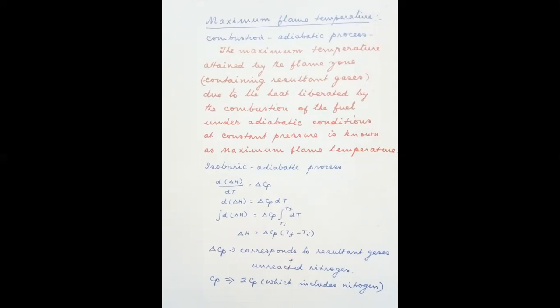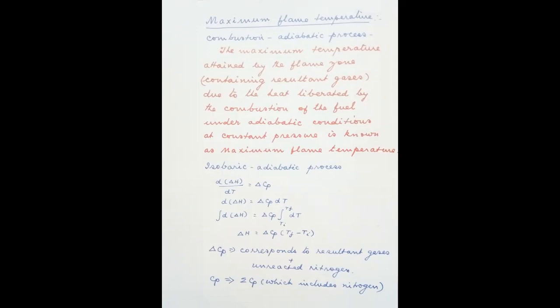And the temperature that is observed in the flame zone, with all its resultant gases in adiabatic condition at a constant pressure, is called maximum flame temperature.